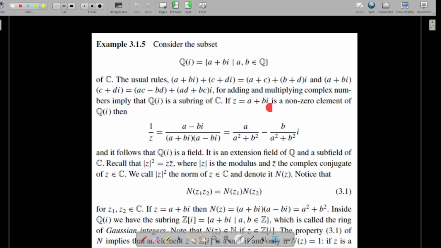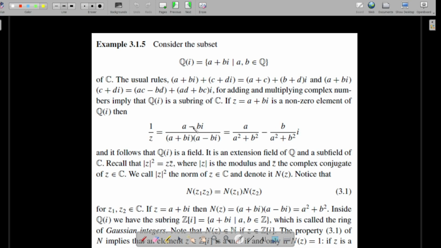And what about the inverse? If z equal to a plus bi is a non-zero element of this Q of i, then as we see in the case of the set of all complex numbers, you can just take 1 by z. So it is equal to a by a square plus b square minus b by a square plus b square into i.